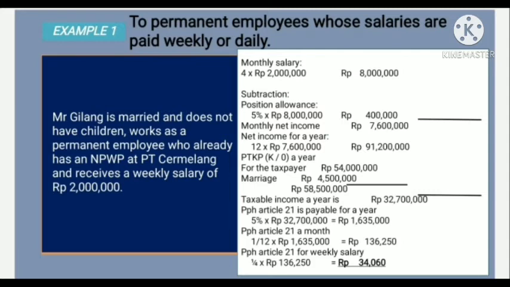And finally, we have taxable income a year of 32,700,000 rupiah. And then we multiply by 5%, and we divide by 12, and we divide again by 4 because we want to calculate weekly. And then finally, we get the result for example 1.